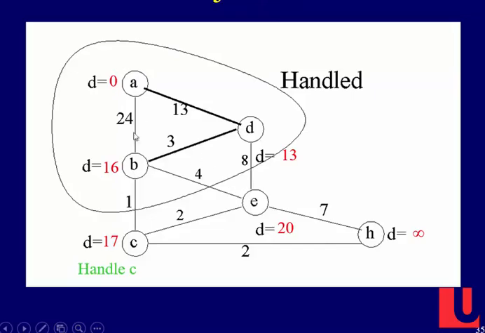Why? Because A is handled, B is handled, so this edge is handled. This edge I looked at when I handled B. B is handled, so I looked at this edge and I saw that it was 4, and I updated this to being 20, right? But I haven't looked at this edge yet. Yeah?